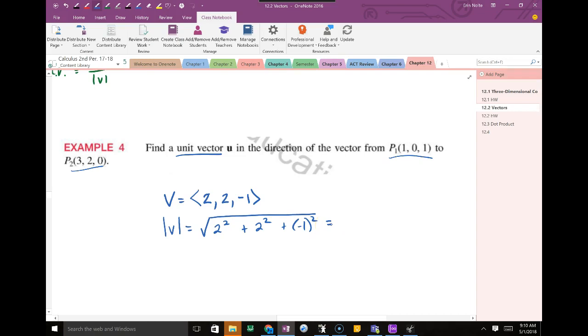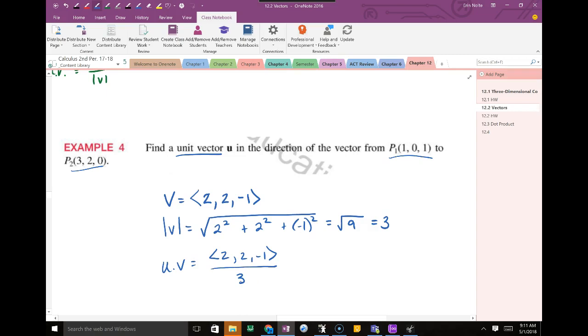So we get 4 plus 4 plus 1. So we get the square root of 9, which makes 3. Okay, so for my unit vector, all I'm going to do is take my vector, 2, 2, negative 1, and divide by my magnitude.